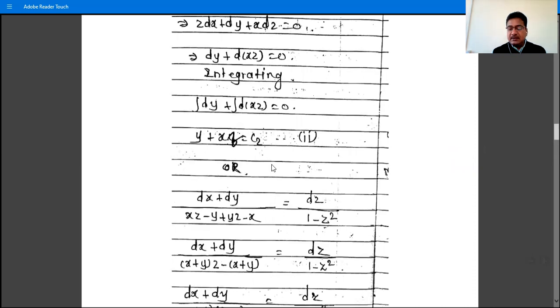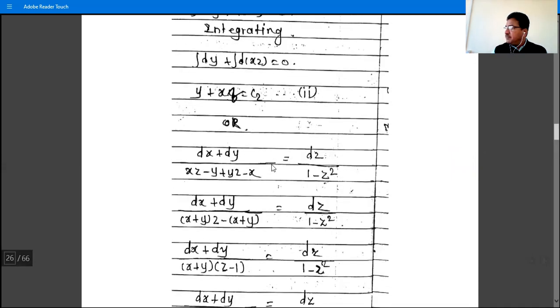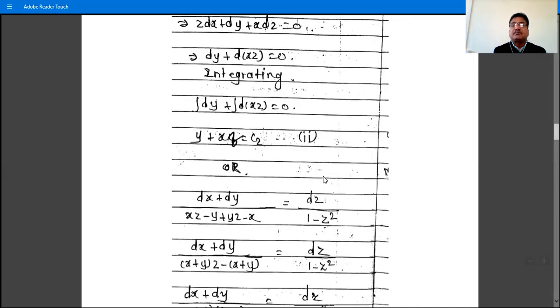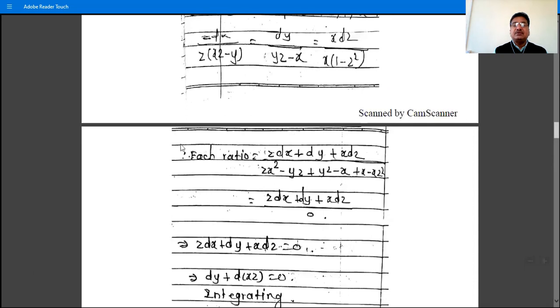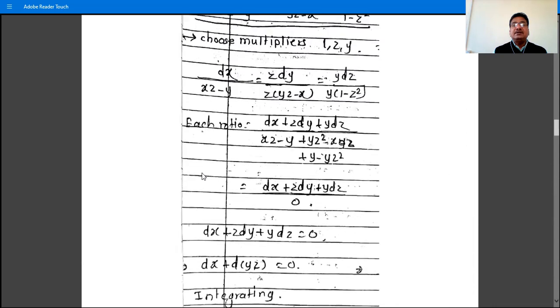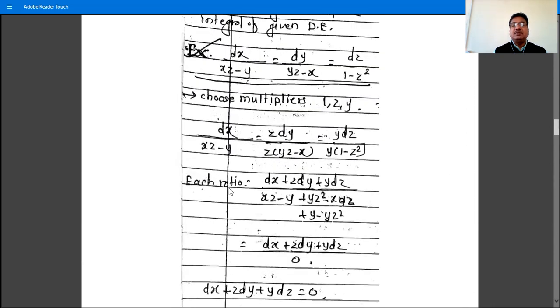We can also find the solution by using the sub method of method number 2, or third method, that is, choose multipliers 1, 1 and 0, and in the place of each ratio, take dz by this 1 minus z square. That is, each ratio means we can write here either the first ratio, or second ratio, or third ratio.